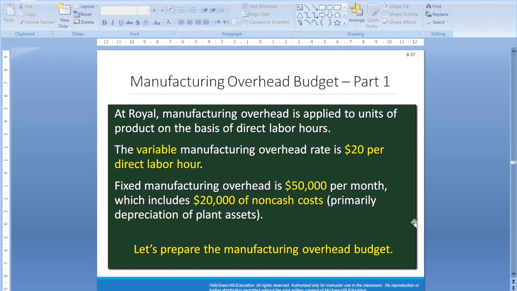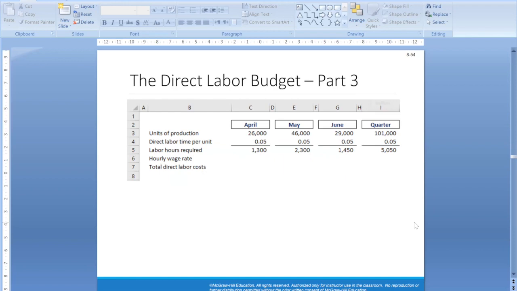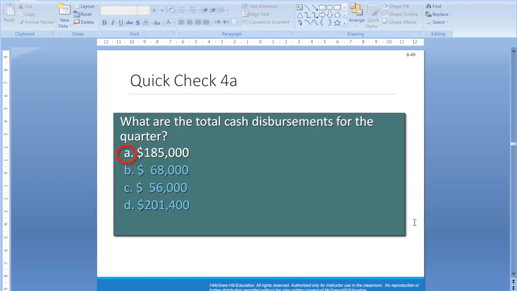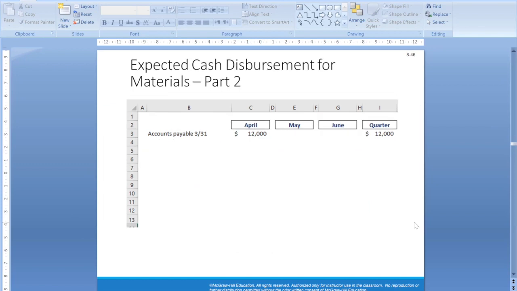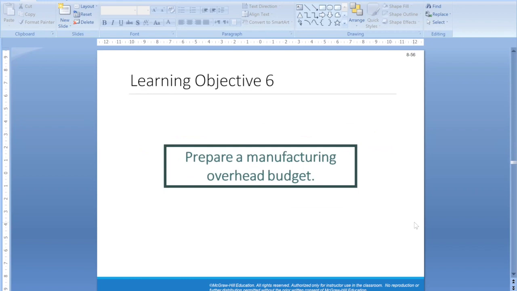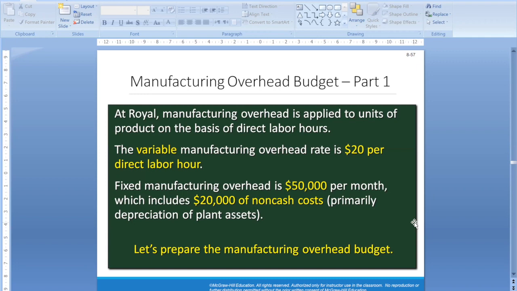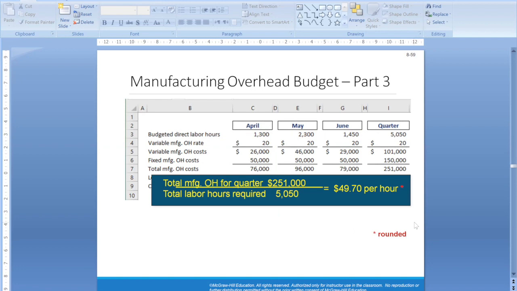Then I have to think about a different base, which is the machine hours. Same for material. If I say material, then I have to go back to the direct material budget, and we are talking about pounds here, not units. So we need a base for the manufacturing overhead budget. For our example here, direct labor hours was our base. That's why we use the labor hours.